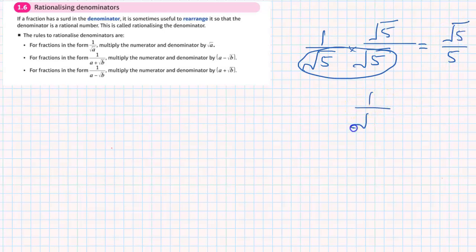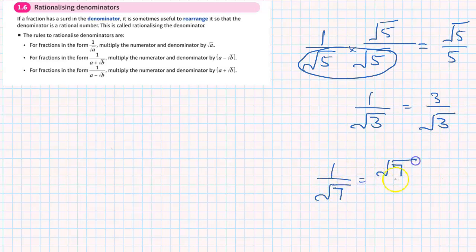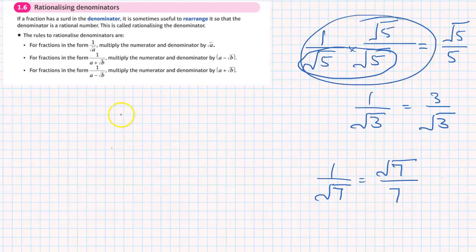In the same way, 1 over root 3 can be written as root 3 over 3. 1 over root 7 can be written as root 7 over 7, using the same principle which we have mentioned here.